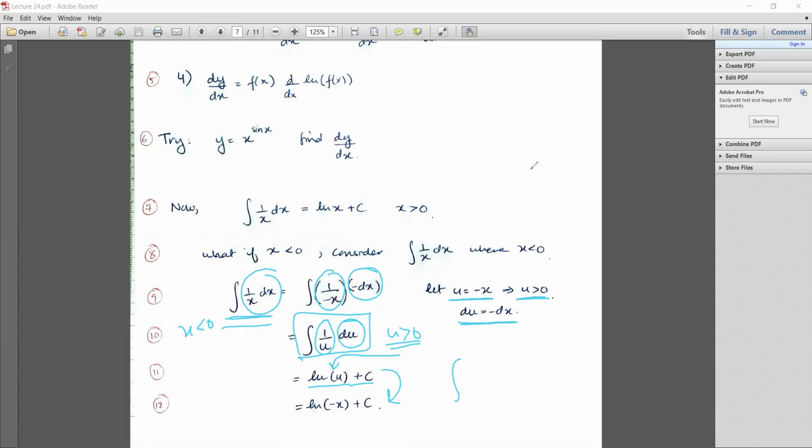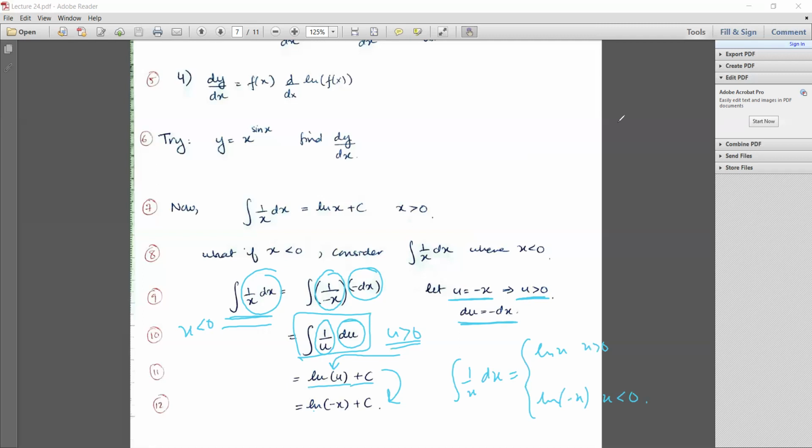So the integral of 1 over x dx is ln x when x is positive and ln of negative x when x is negative. Is there a concise way to write this?